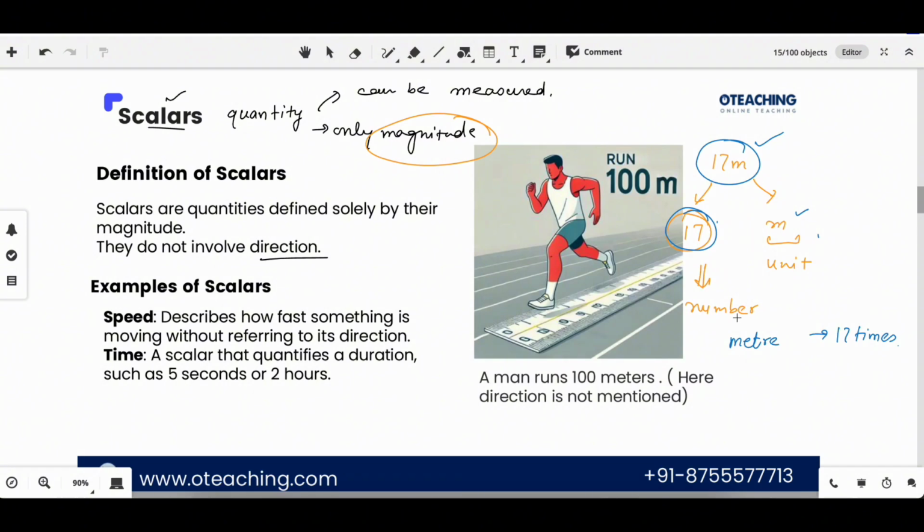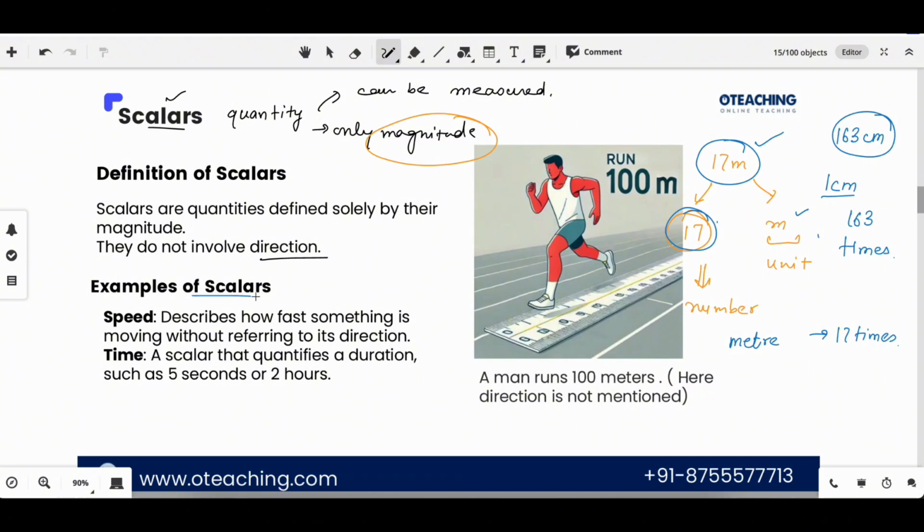For example, let's think of it this way: you have a height of 163 centimeters. To measure your height, what do I have to do? I have to repeat 1 centimeter 163 times. Understood? So that is taken as your magnitude.